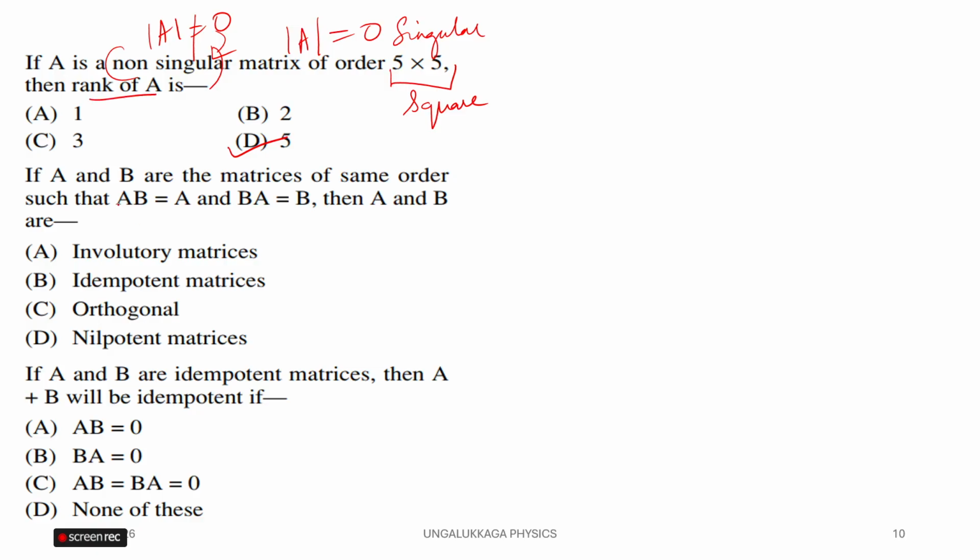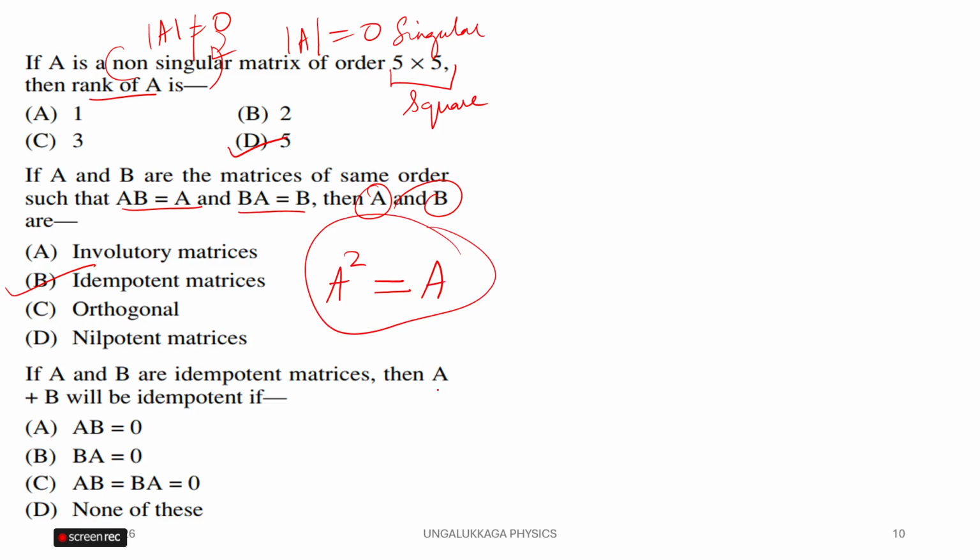If A and B are matrices of the same order such that AB equals A and BA equals B, then A and B are idempotent matrices. What is the property of idempotent matrices? If we have a matrix A and we take its square, we get A again.